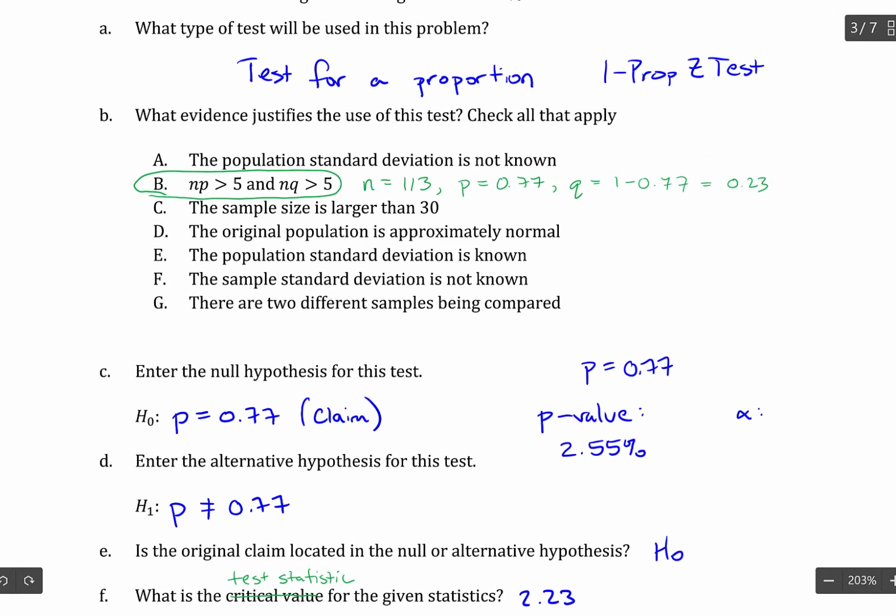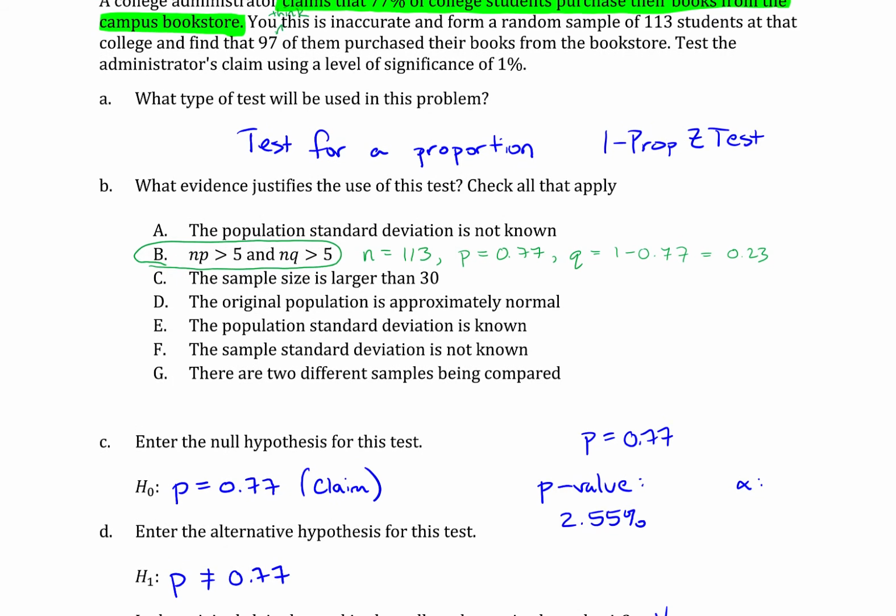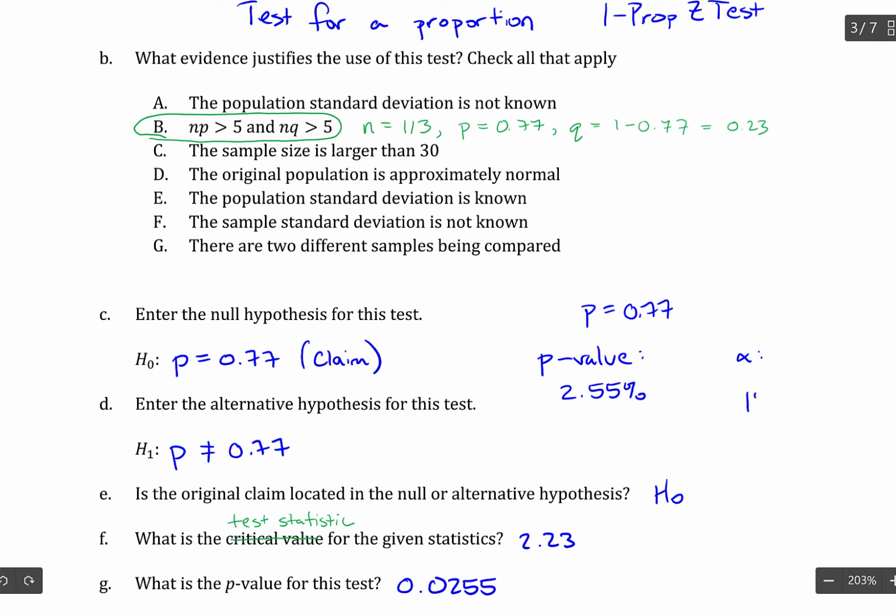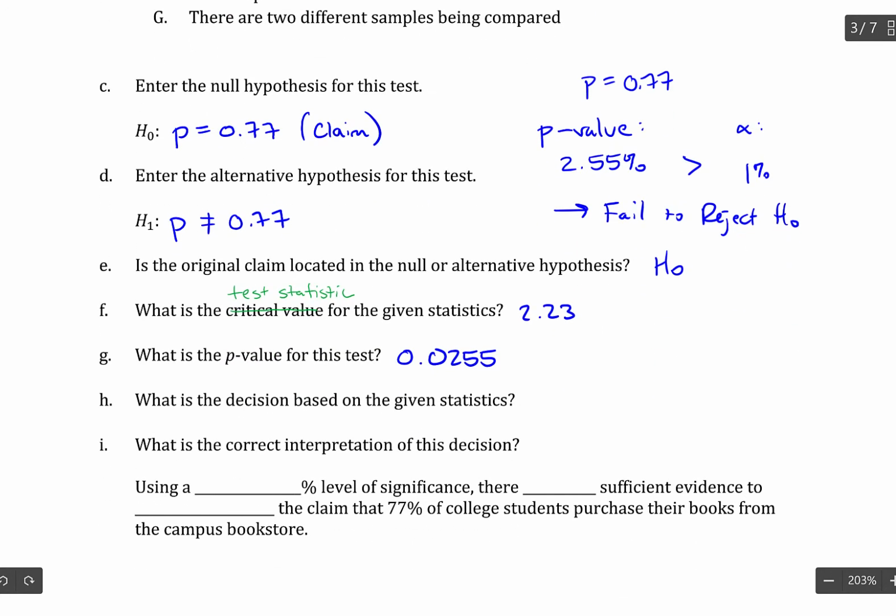We compare that to our level of significance, which is the alpha level, and here the level of significance was 1%. So the p-value is bigger than alpha. If p is low, the null must go. So if the p-value is larger than alpha, we fail to reject the null hypothesis.